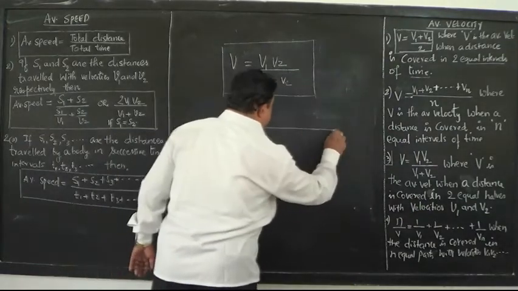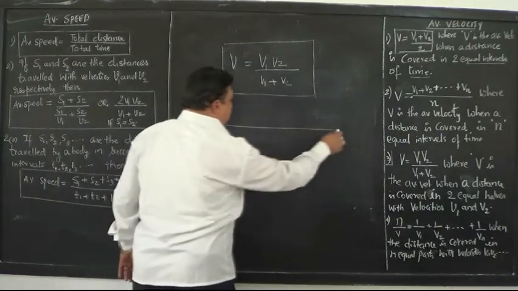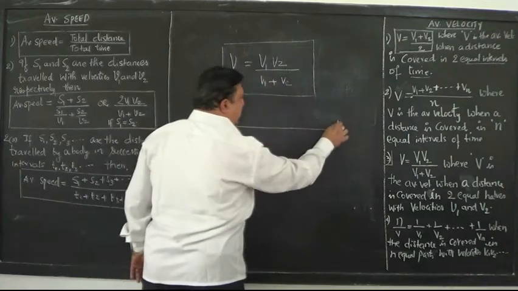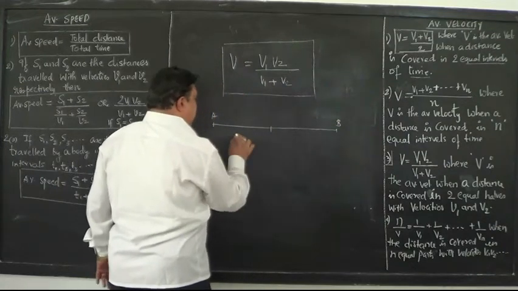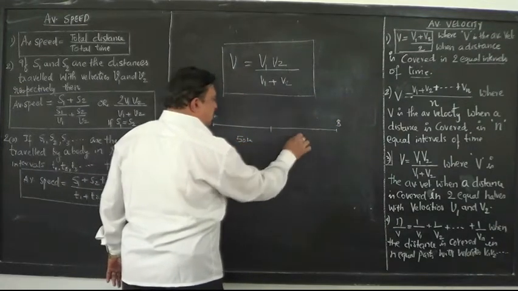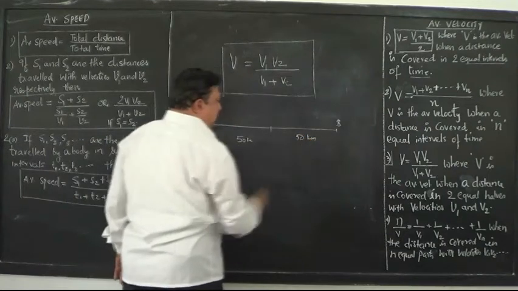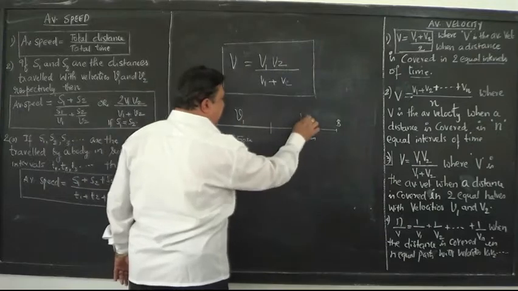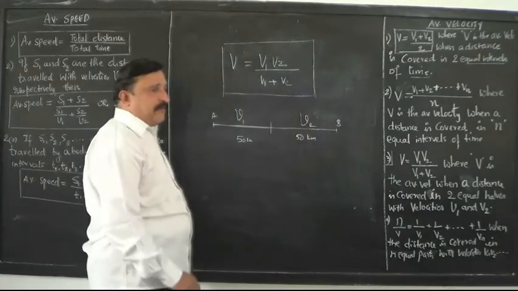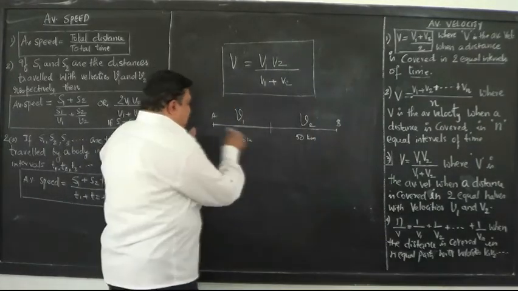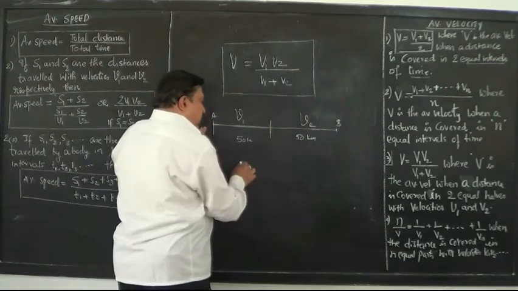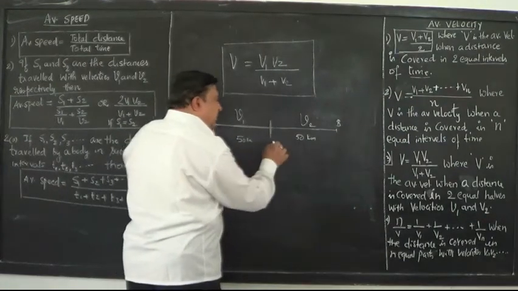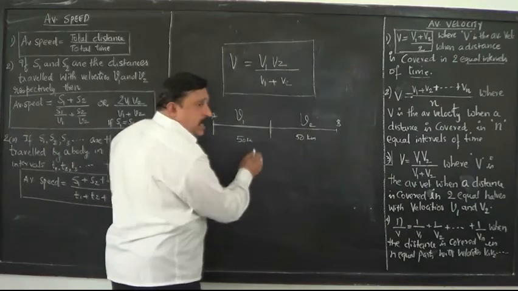Now this is the distance. Say supposing you want to travel 100 kilometers, from A to B is 100 kilometers. You divide it exactly: this is 50 kilometers and this is 50 kilometers. Now you travel the first 50 kilometers with velocity V1, and the second 50 kilometers with velocity V2. Here notice that it is not equal intervals of time, but equal intervals of distance. Here time is not a criterion.